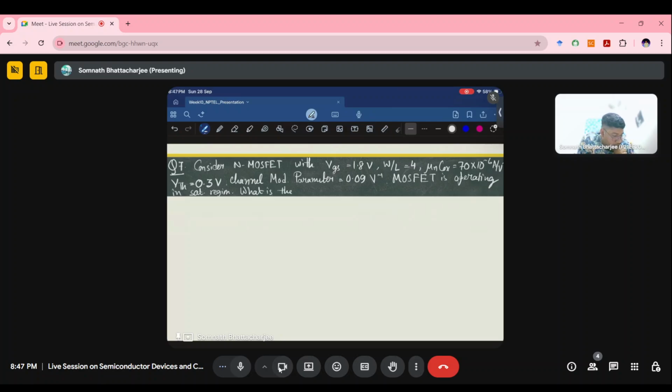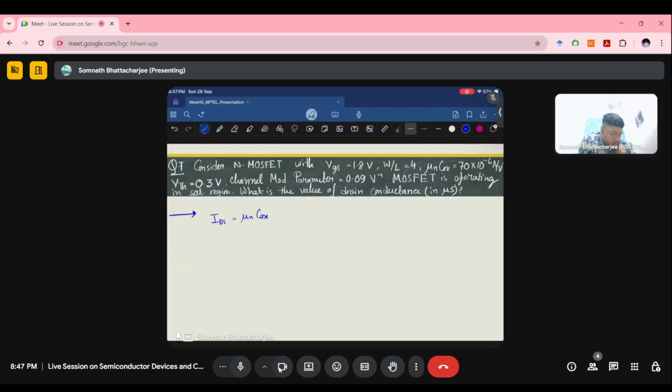What is the value of drain conductance in microsiemens? So the basic equation is nothing but this, right?